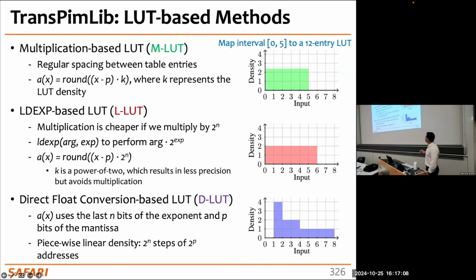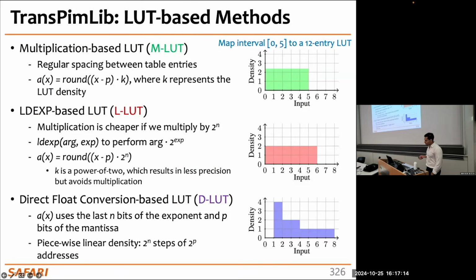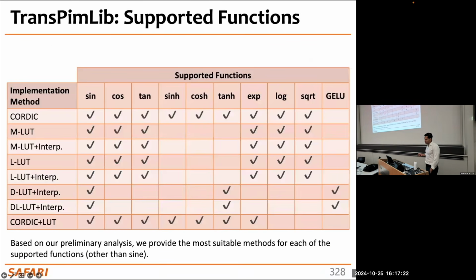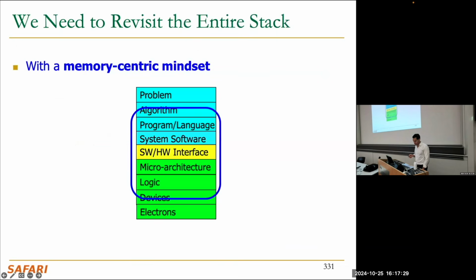So we opted to create these APIs that approximate transcendental functions using either lookup tables or CORDIC implementations of them. We implement several key transcendental functions there, and the API is available online.